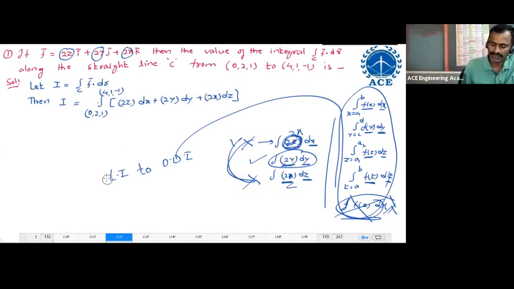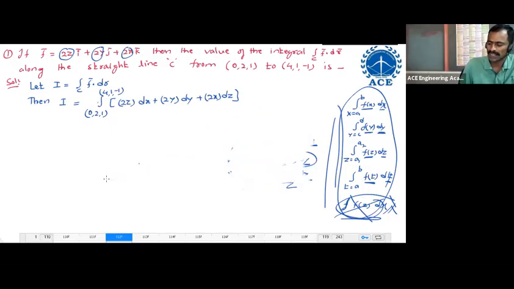In general, a line integral cannot be evaluated directly along an arbitrary curve in space. Already we are given the name of the curve, that is a straight line. Using the straight line formula, we write the equation of the curve.